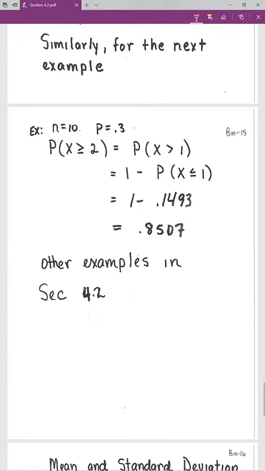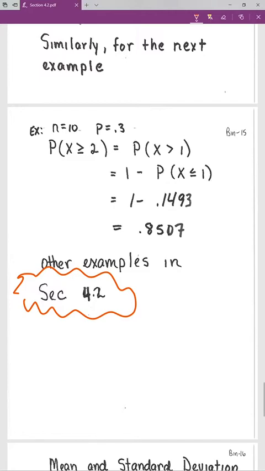Using our table, 1 minus 0.1493, which equals 0.8507. And there are some other examples if you need some practice or some help in section 4.2.